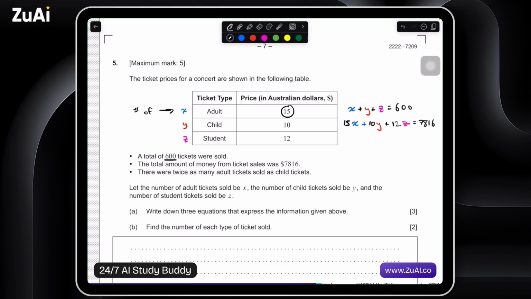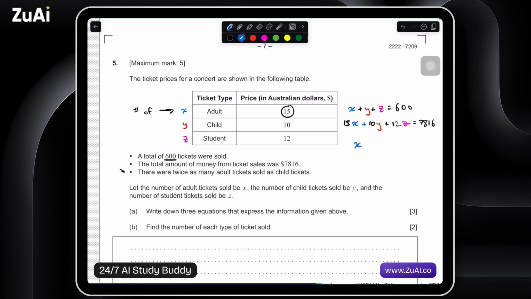All right, last part. There were twice as many adult tickets sold as child tickets. For these kinds of questions, it's hard to know which one goes on each side.